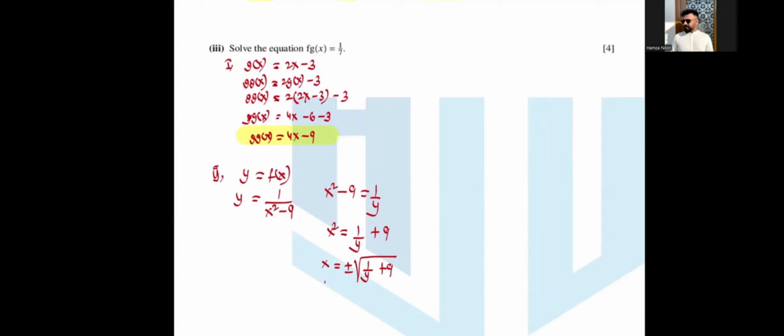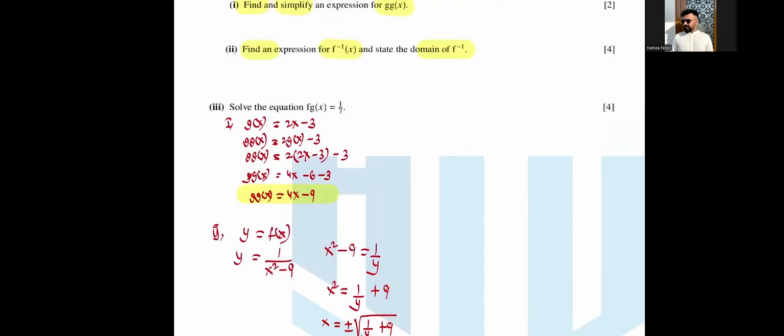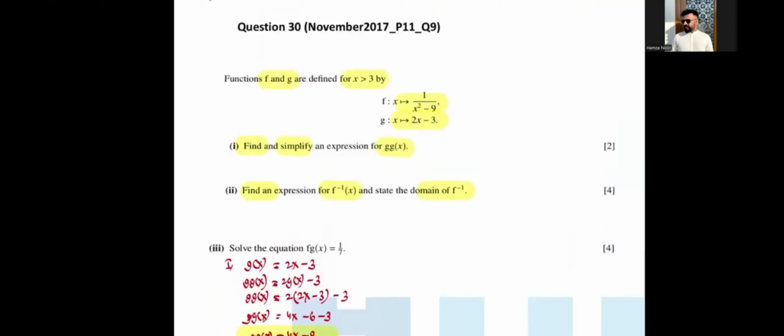Now in place of x, I'm going to write f inverse x, and in place of y, I'm going to write x. However, we need to consider whether we keep the plus sign or the minus sign before the square root. For that purpose, we are going to observe the range of f inverse x. We have seen that the domain of f(x) is x greater than 3.